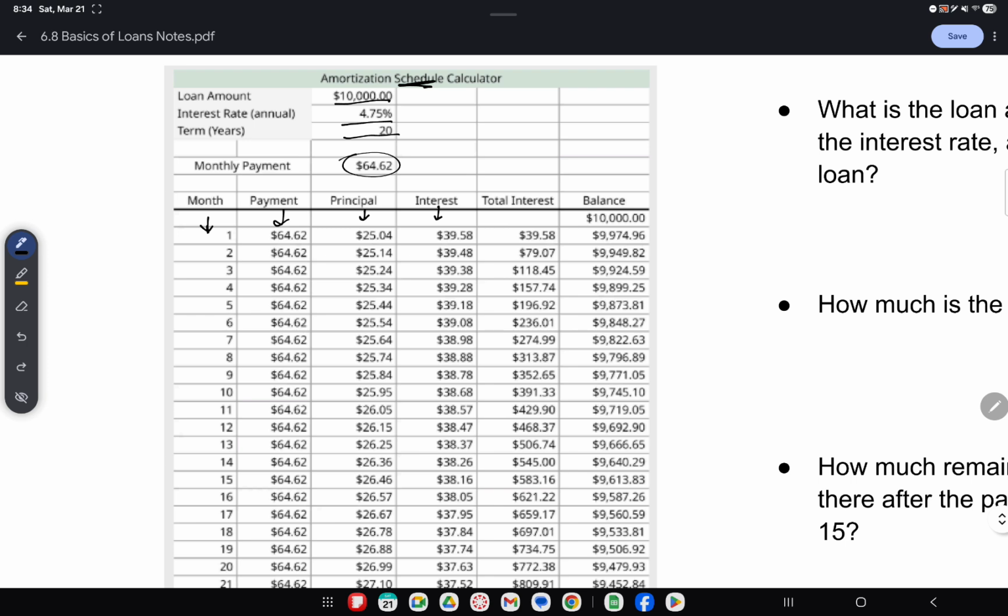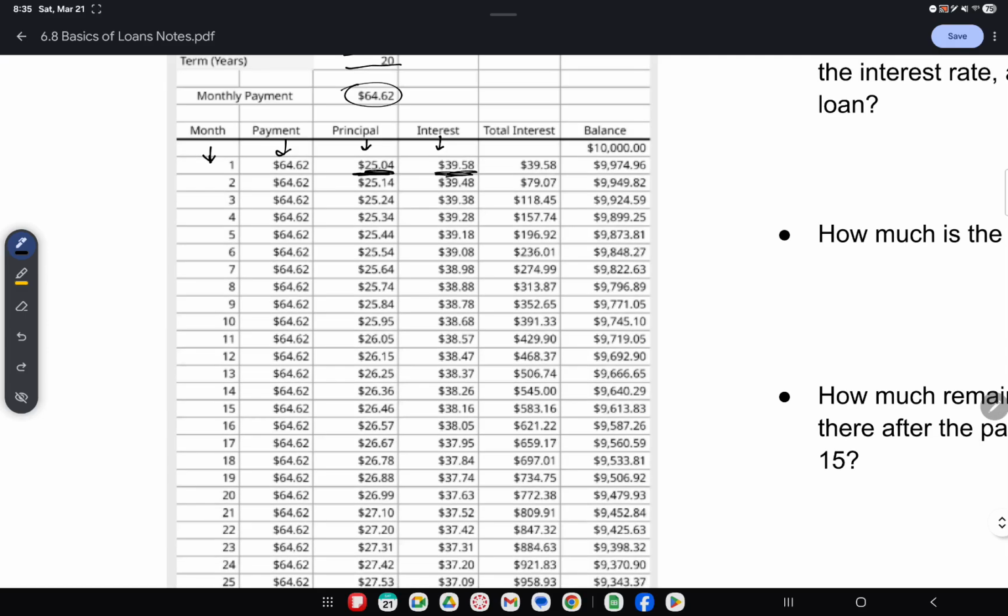So at first, not a lot of money is going towards the principal, and a good chunk of it is going towards the interest. So in a loan, you are paying more towards the interest than what you actually owe first, which is a little bit backwards in my opinion, but this is how people make money.